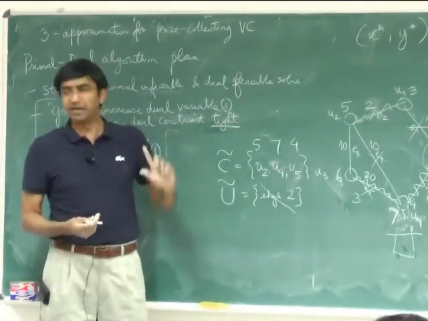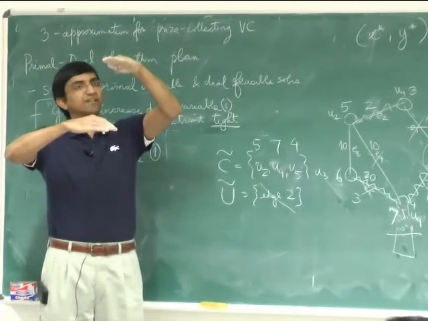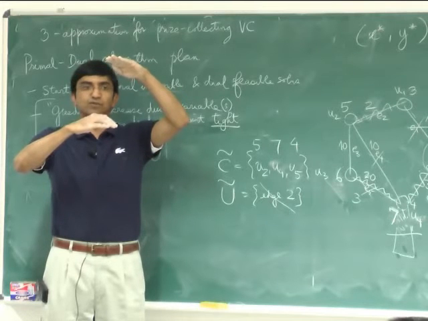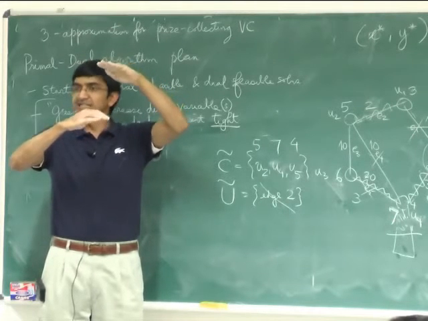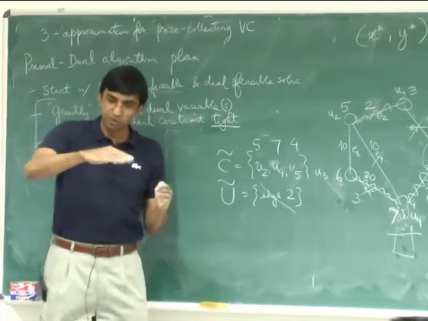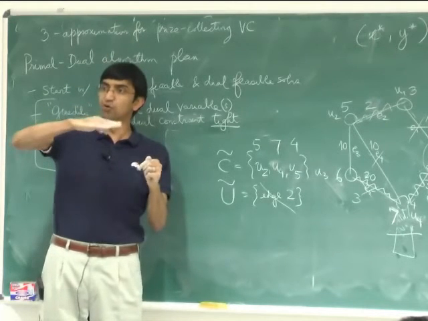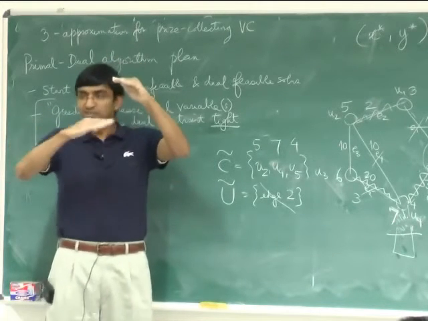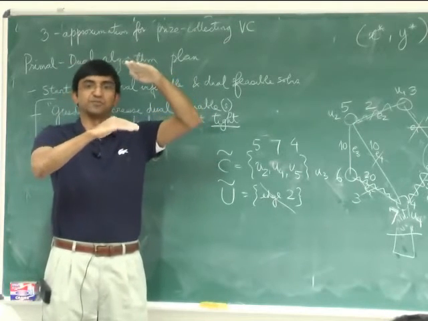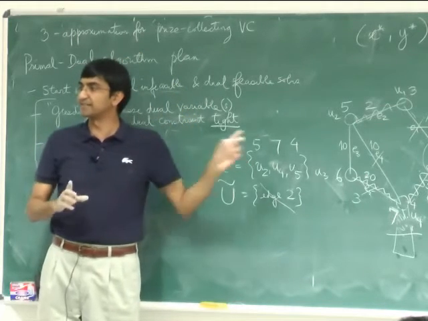I collected 12 rupees as a lower bound. I paid 16 rupees. What is my approximation ratio? 4/3, 16 by 12. Because I found a dual. By weak duality, every dual is a lower bound on a primal. But along with the dual, I found a primal whose value was 16 over 12 times the dual. Therefore, I have a 4/3 approximation in this case.